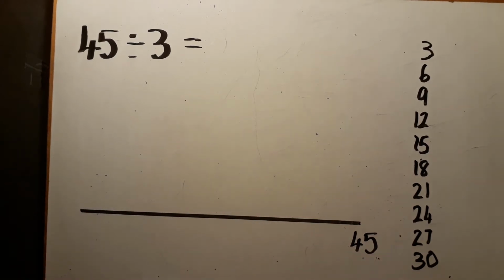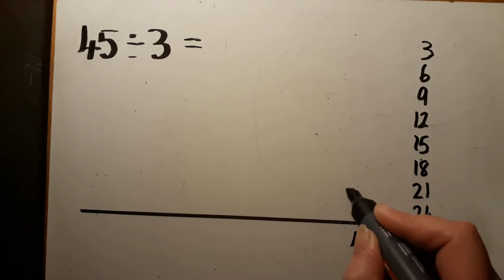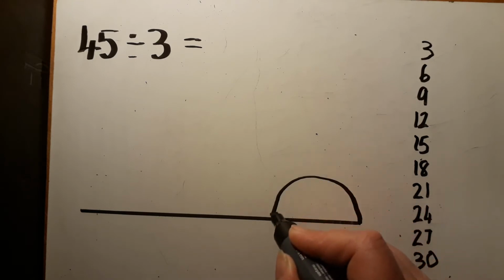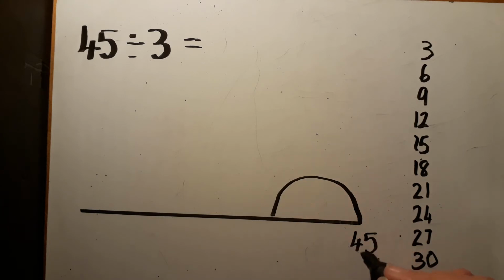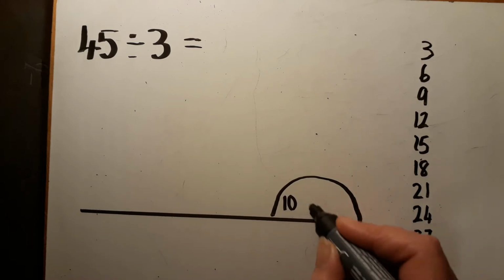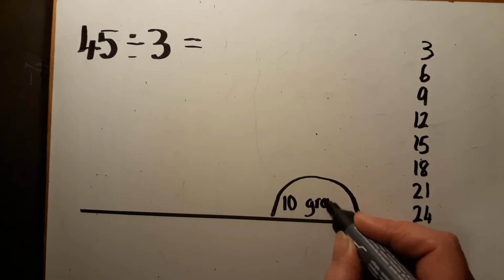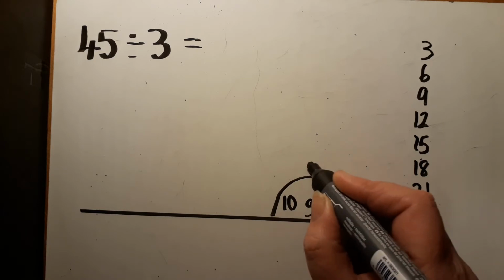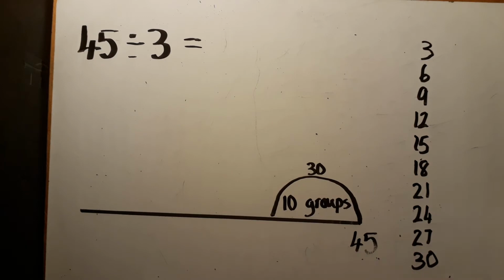Now, we know we're always going to think about our multiple of 10 and how many groups that is. Now our multiple of 10 when it comes to 3 is 30, and we know that that is 10 groups. Okay, and we know that 10 groups is worth 30.